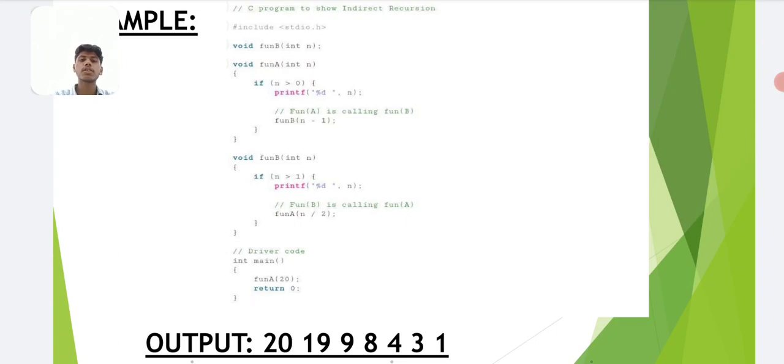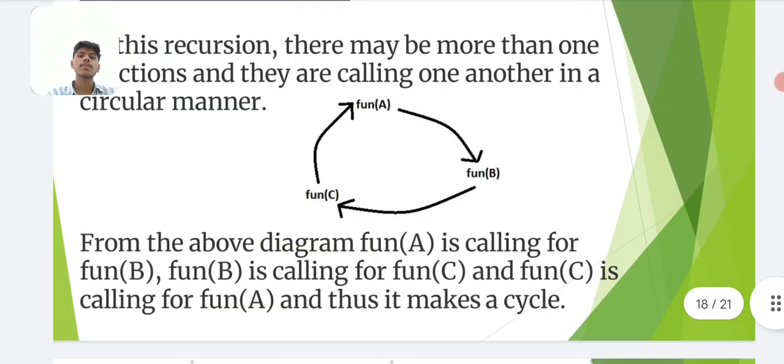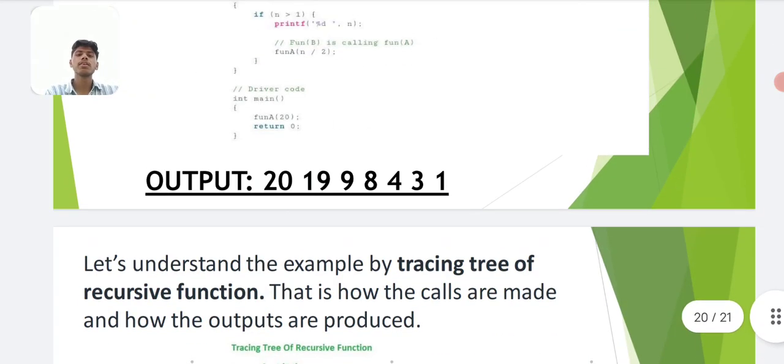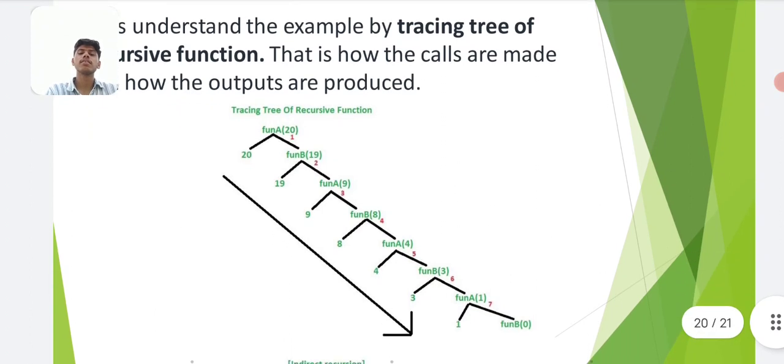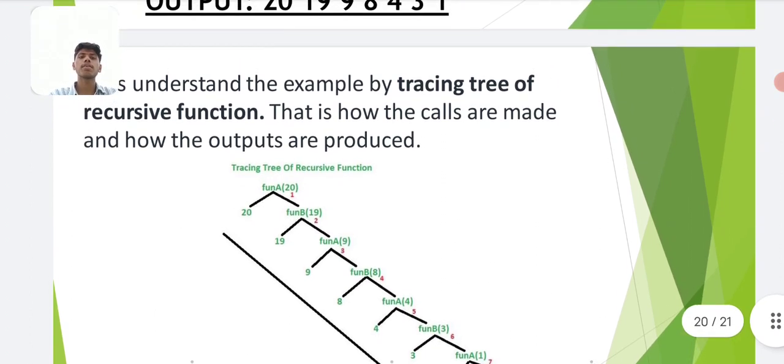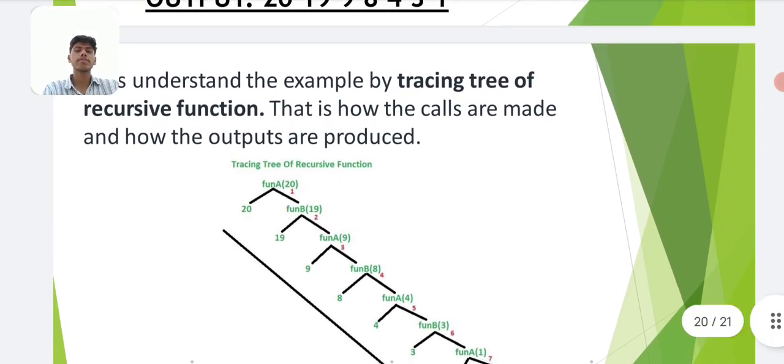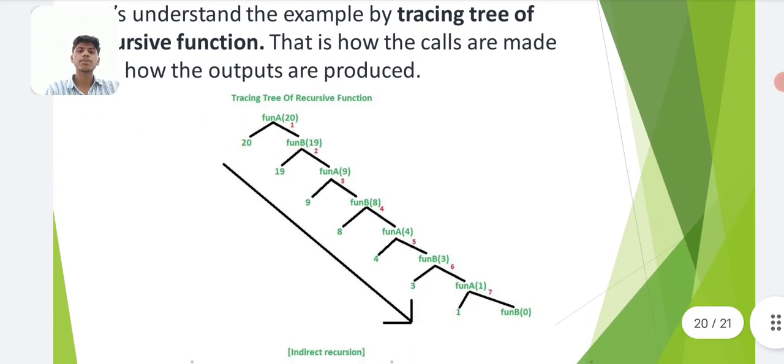This is the driver code, and the output will be 20 19 9 8 4 3. Let's understand the example by tracing the tree of the recursive function. This is how the calls are made and how the outputs are produced.